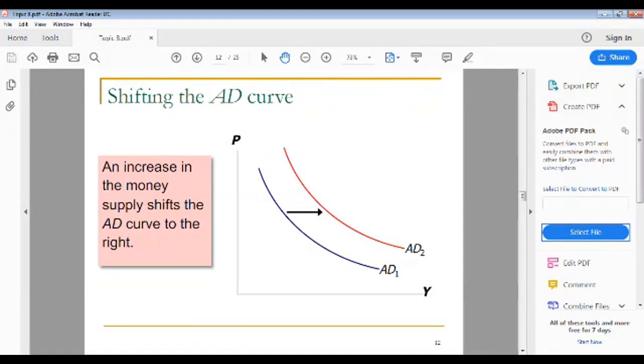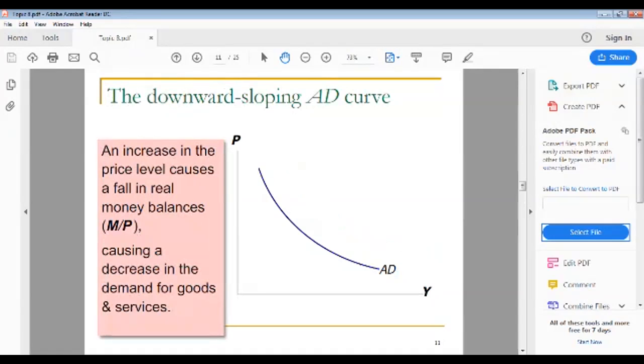Now, this is where that clause I added for you, demand and real money balances, is important. Because now I can shift the aggregate demand curve if I change the money supply. Because remember, this is a function of M over P. Aggregate demand, going back to the slide you're seeing right now, is the amount of money supply over the price level.